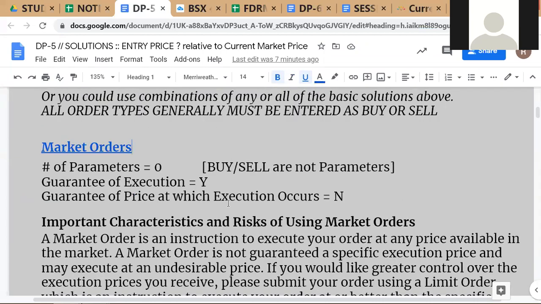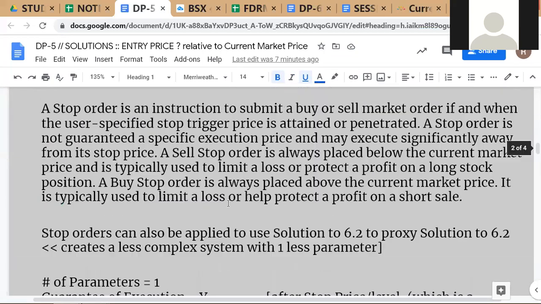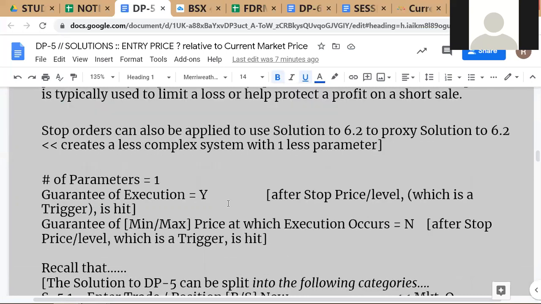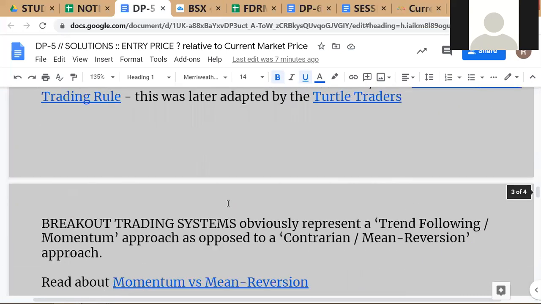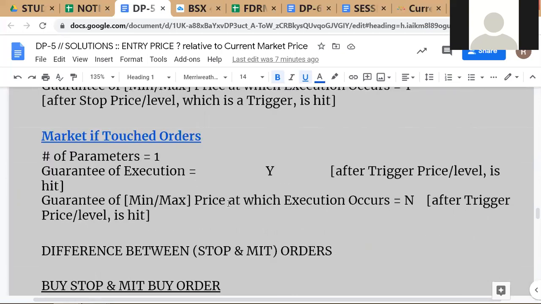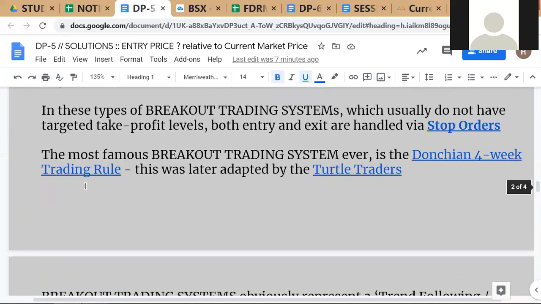And the other thing we have done in this note, the market if touched order. Yeah, there are 2 things happening in this note.